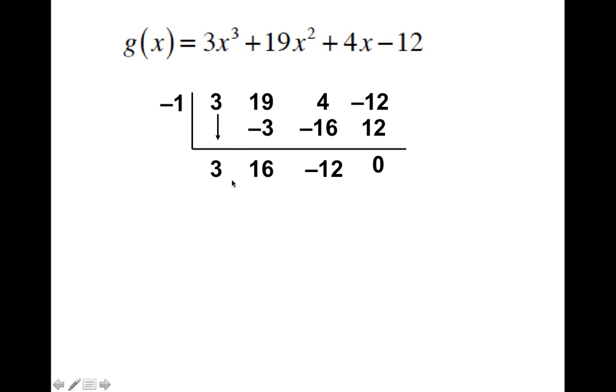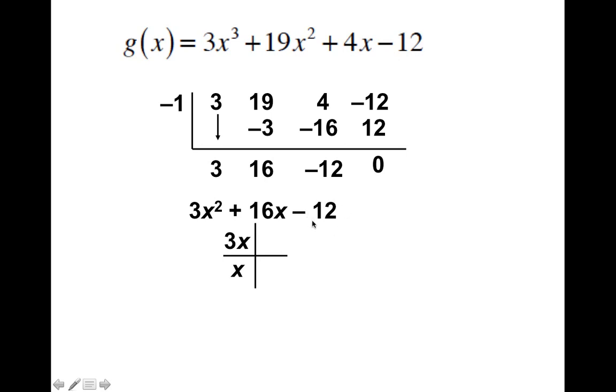So to write it as a reduced power, instead of x cubed, it's going to be x squared. So this is 3x squared plus 16x minus 12. So to factor the trinomial, we're going to t-chart. So for 3x squared, that's going to be 3x and x.